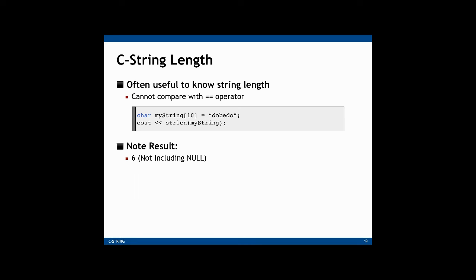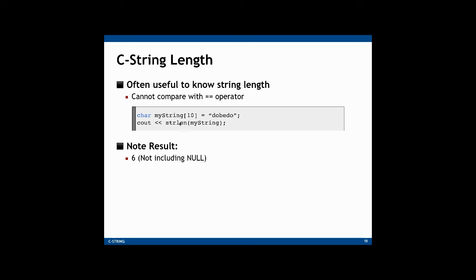And you can get the length of a string using the strlen function, but you must be aware that this function returns the length of the string, not including the null character. Here we have a C-string variable storing "do be do", which has a length of 1, 2, 3, 4, 5, 6.